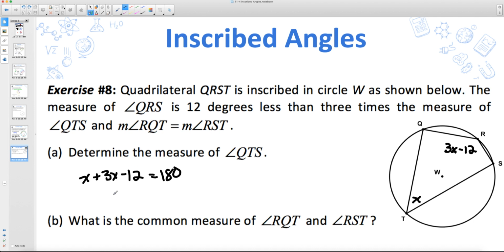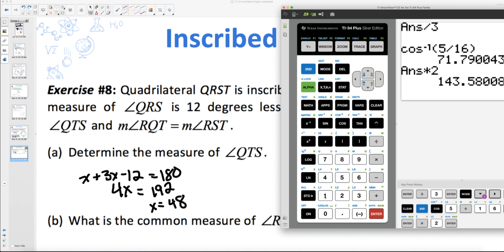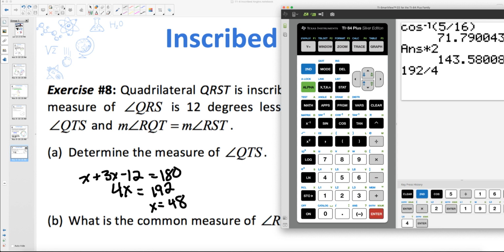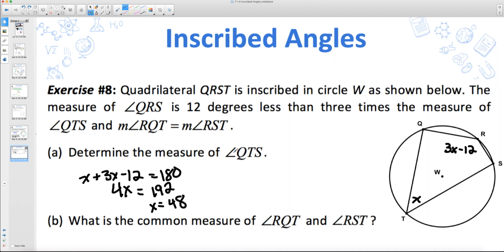So we can solve it out. 4x equals 192, and divide by 4. So what is that? 48. Let me just check that. 192 divided by 4. Yes, 48. Okay, so QTS is equal to 48 degrees.